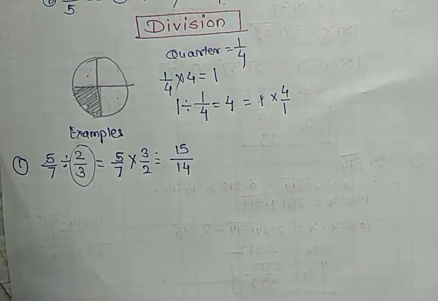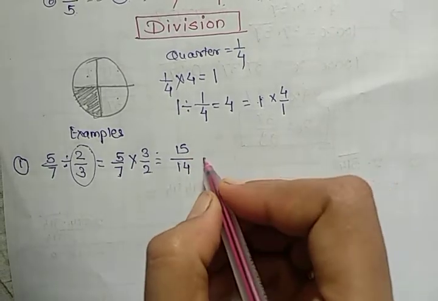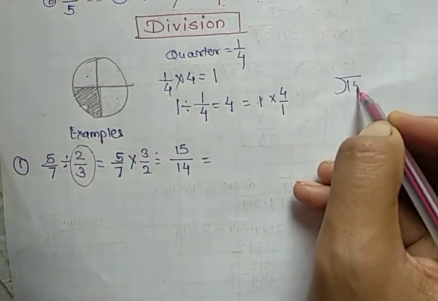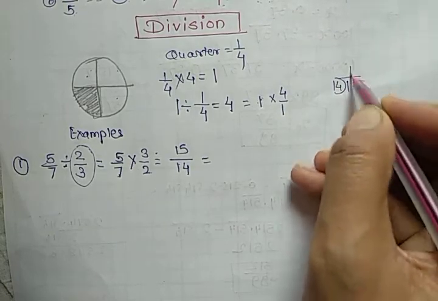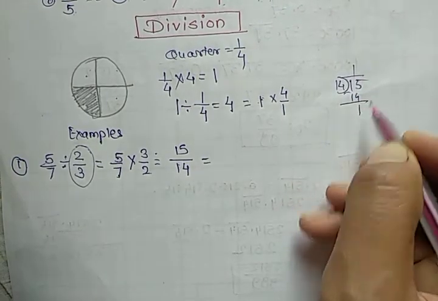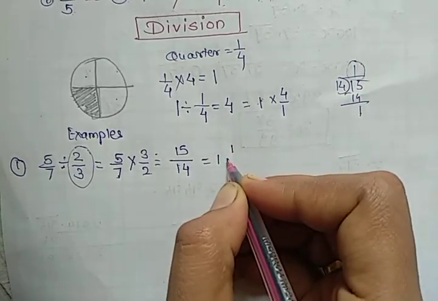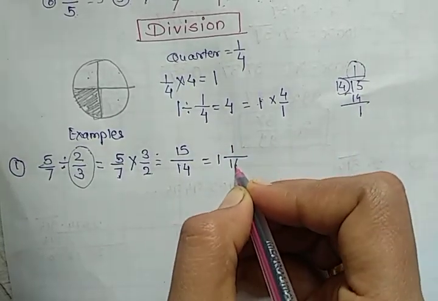15/14. It means if you convert this into a mixed number, let's see here, 15 divided by 14, 14 ones are 14 and the remainder is 1. So write the quotient here, write the remainder in the numerator and the denominator as it is.